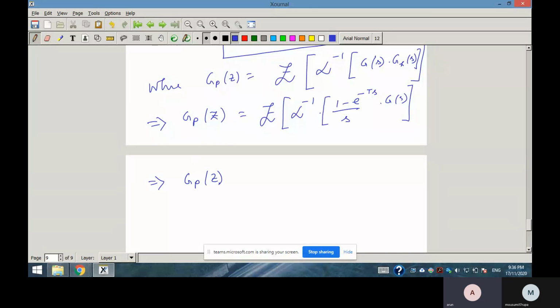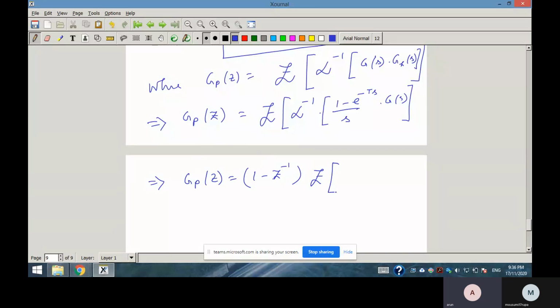So this is the equivalent transfer function of the plant. Now you can write Gp(z) as the Z transform of the following. If you put e to the power sT equal to z, it will be just 1 minus z inverse. You can bring it outside.